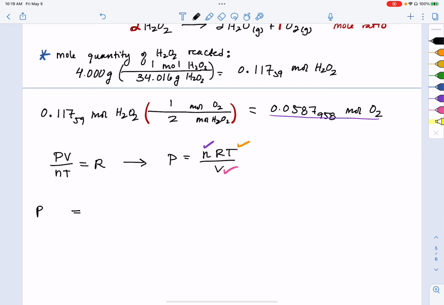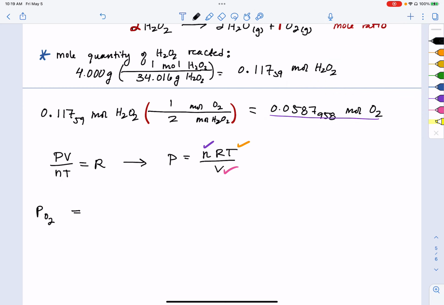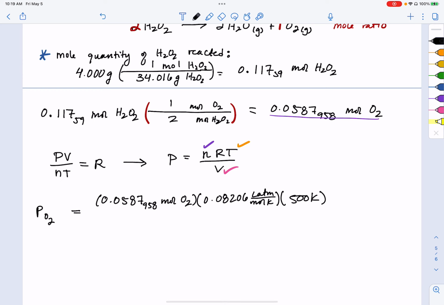So the pressure of oxygen in the flask, assuming that all of that H2O2 had decomposed, is our moles, 0.0587 moles, times our gas law constant, times our temperature, already in Kelvin, over our volume.